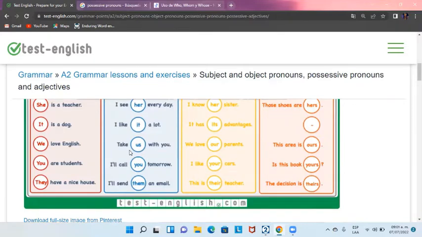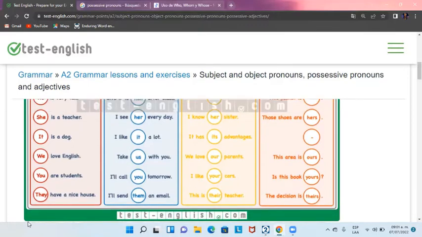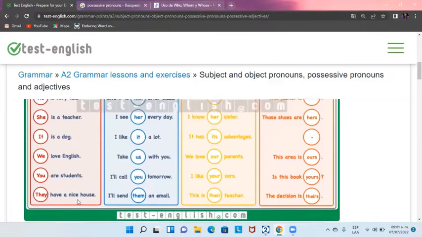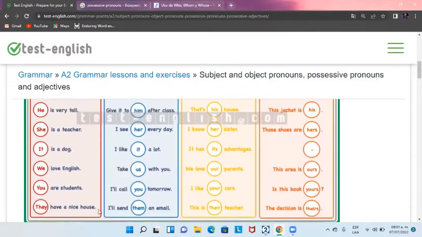Ya no estoy diciendo ellos van. Si yo dijera ellos van a salir conmigo, si utilizo el pronombre, they are going to go out with me. En este caso, I'm going to go out with them. Ya utilizo después el pronombre.